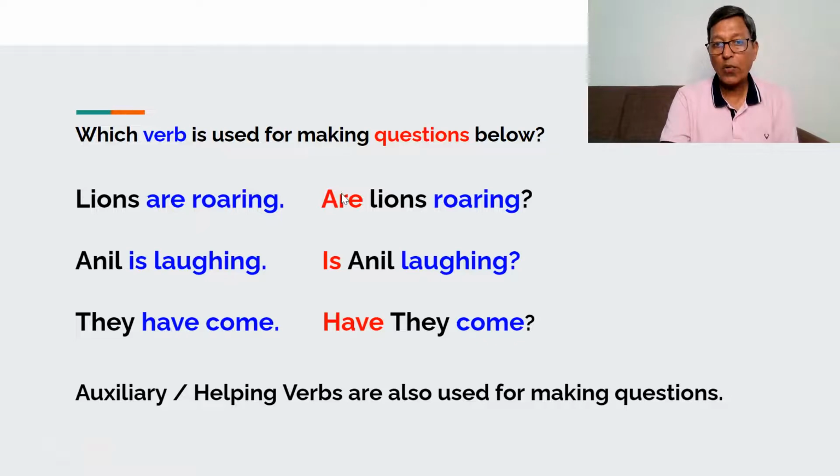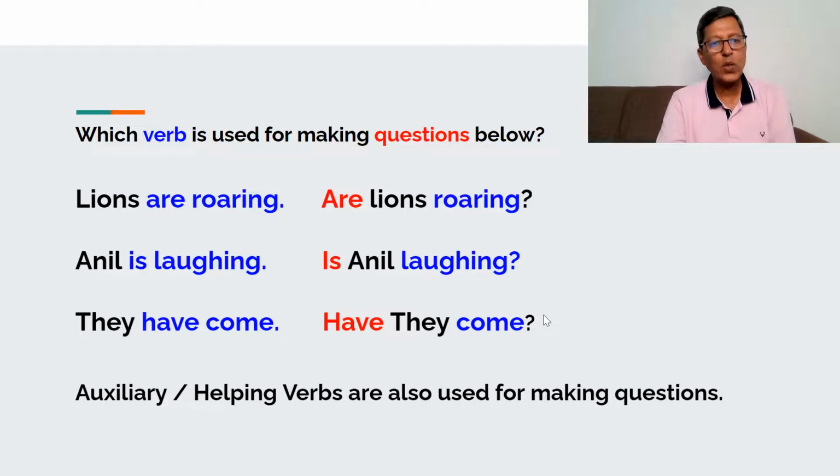Here it is more obvious. In fact, the auxiliaries have been brought to the front. They have been used before the nouns: are or is or have. They come before lions or Anil or they. The main verbs remain the same. Their positions are the same, roaring or laughing or come.